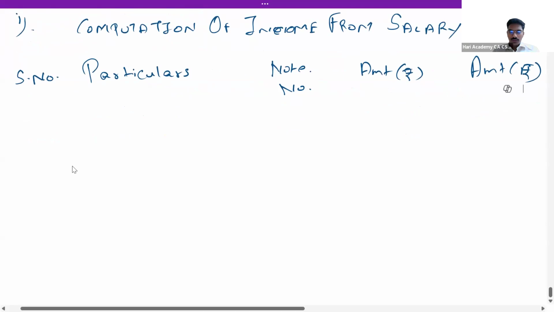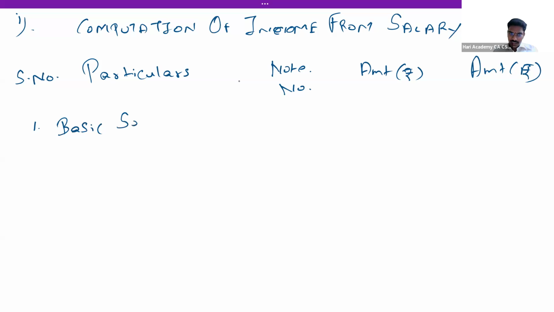So the first component is going to be basic pay as on 1/4/2024 is 24,000. Increment of rupees 1,000 per month falls due on 1st of July every year. So it is going to be number 1, basic salary. So it is going to be like 24,000 into 12. You can do it anyway. I do it this way. Then 1st of July each year.